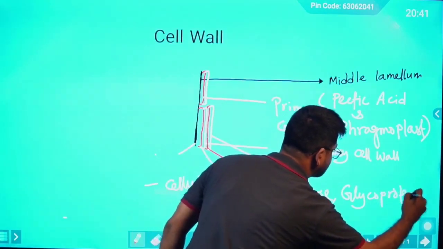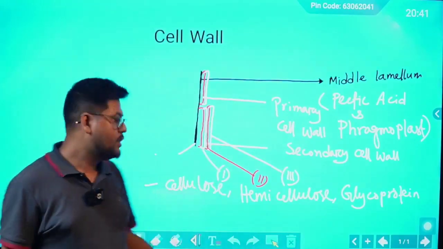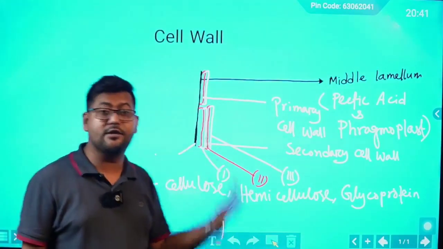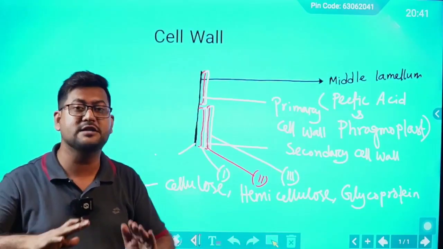So these are the chemical composition of the primary cell wall. This cellulose, hemicellulose and glycoprotein can give some sort of rigidity, but it is not the highest.